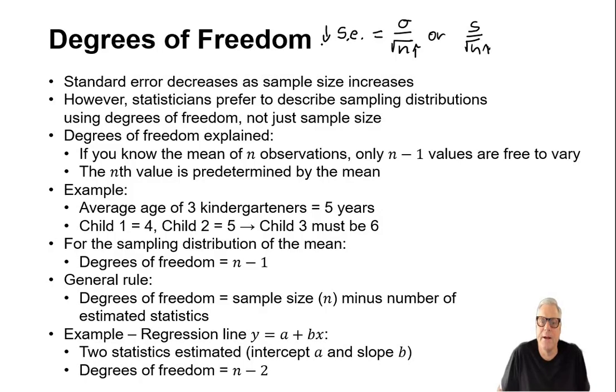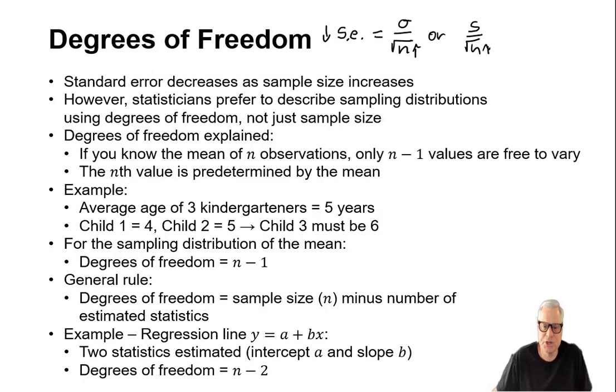So again, standard error decreases as sample size increases, which is given by the formula of the standard error. However, statisticians prefer to describe sampling distributions using degrees of freedom, not just sample size. So what are degrees of freedom again? If you know the mean of n observations, only n-1 values are free to vary. The nth value is then predetermined by the mean.